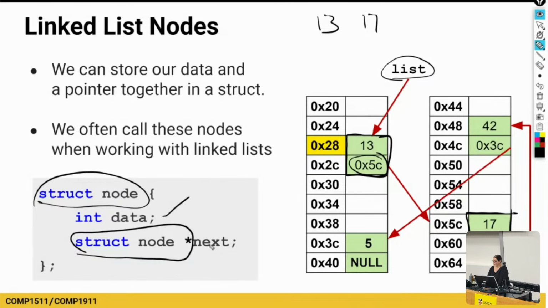If we look at the next field, it tells us where the next struct is, at address 48. When we go there, we find our 42, and we see that the next struct is at address 3C. We go to 3C, we get a value 5, and then it says the next address is null. And null means there is no address, which means in a linked list that there are no more nodes in the list.